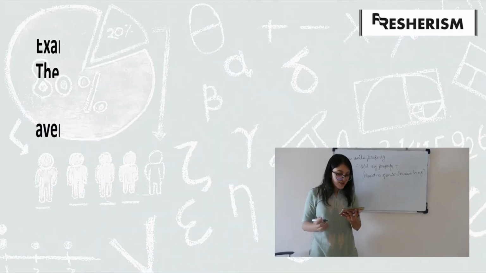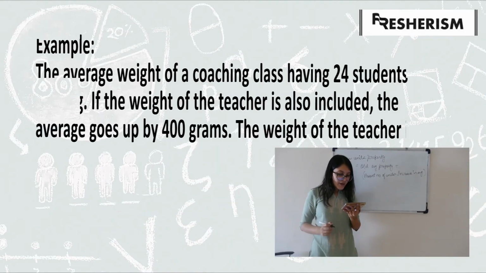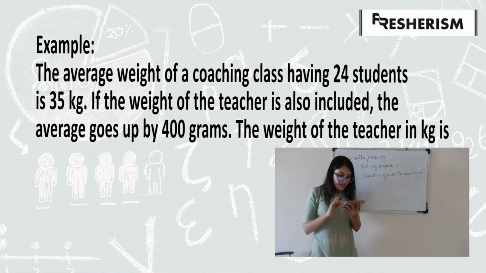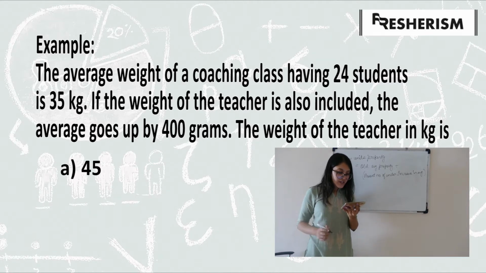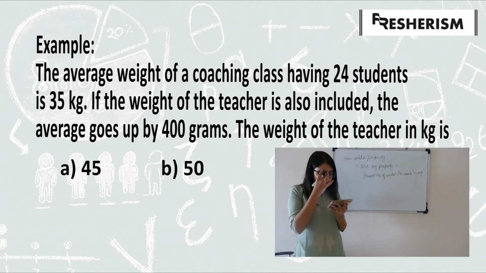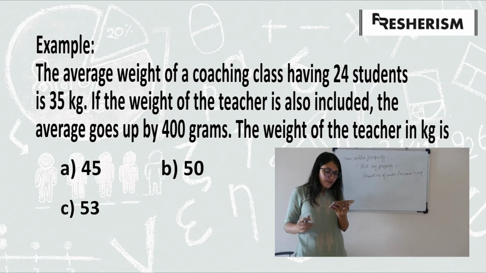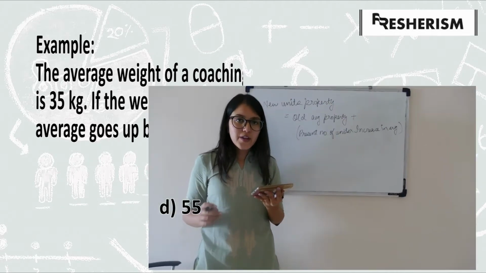The example on your screen says the average weight of a coaching class having 24 students is 35 kg. If the weight of the teacher is also included, the average goes up by 400 grams. The weight of the teacher in kg is option A 45, option B 50, option C 53 and option D 55.